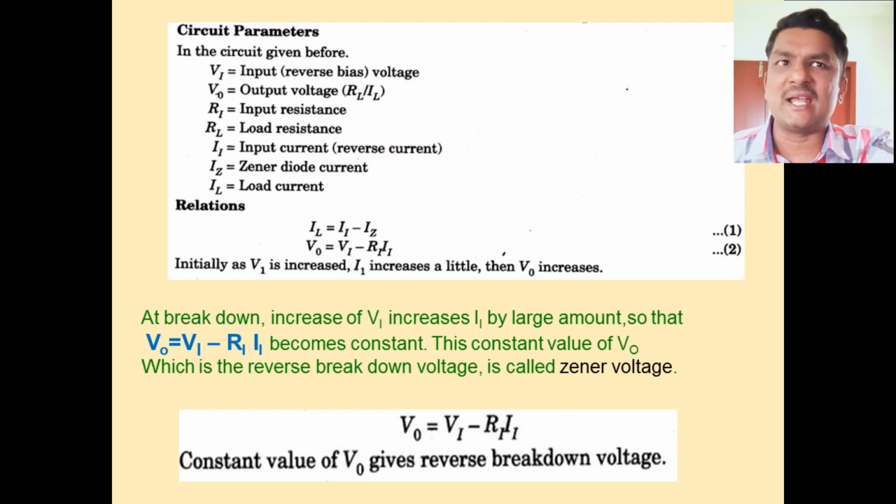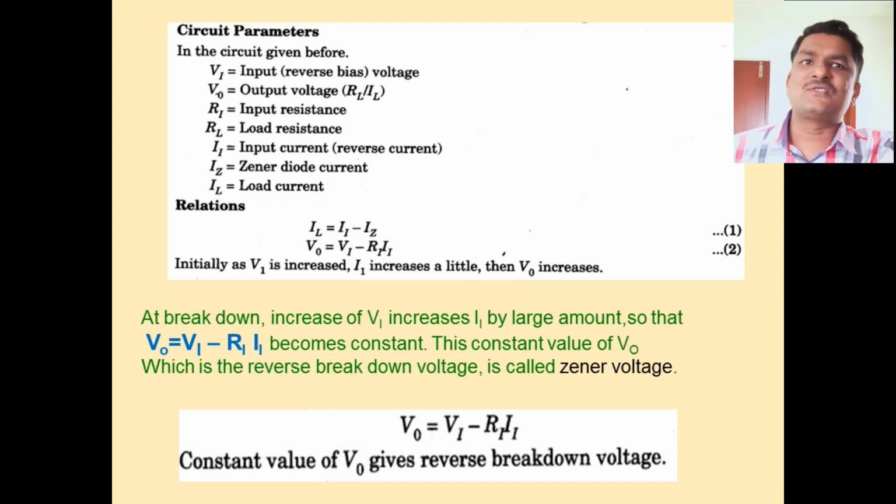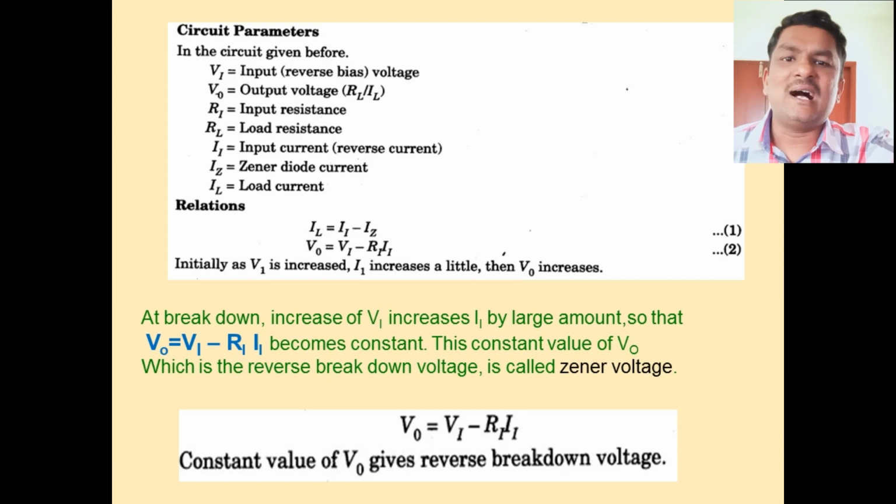II, input current, reverse current. IZ, Zener diode current. IL, load current. So II equals IZ plus IL. From that we can write IL equals input current minus Zener diode current. IL equals II minus IZ.